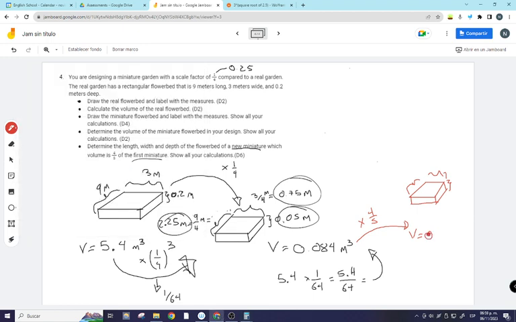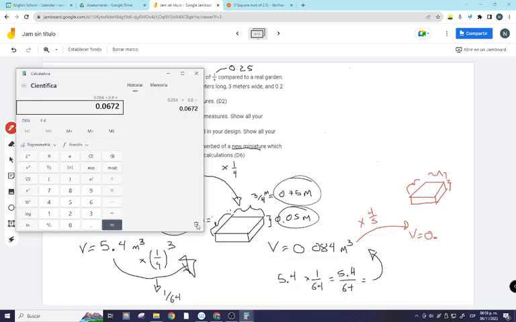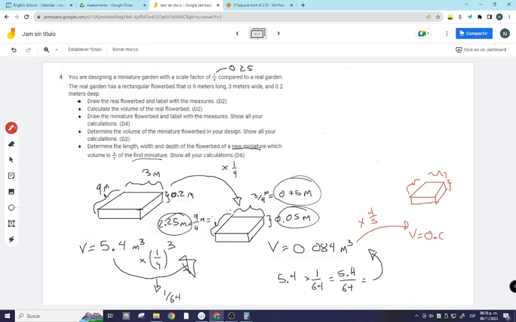That gives you 0.0672. Remember this comes from an approximation, so it's not the exact value, but it's really close. Sorry, this is cubic meters. Now we have to find these measures.